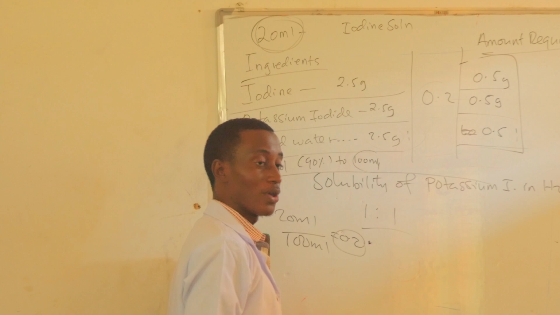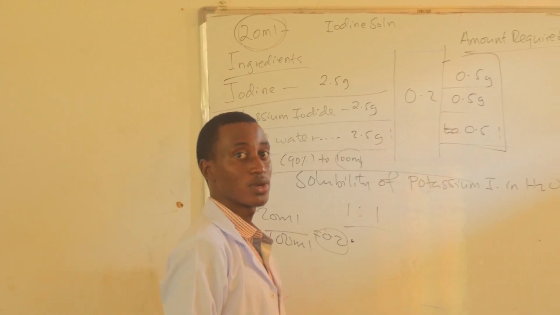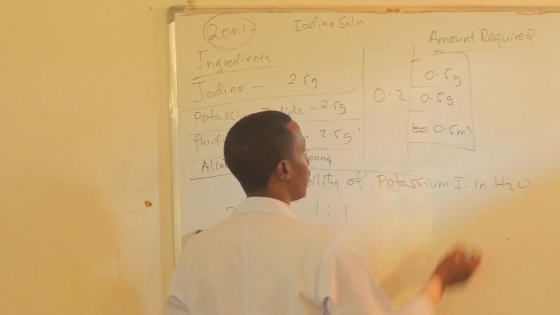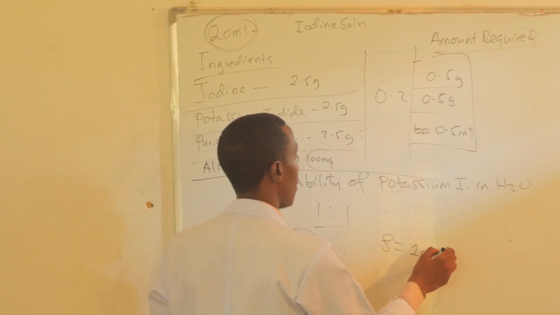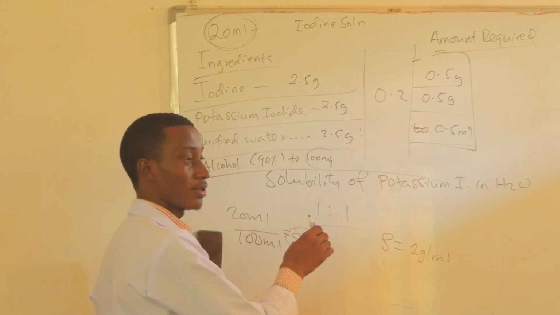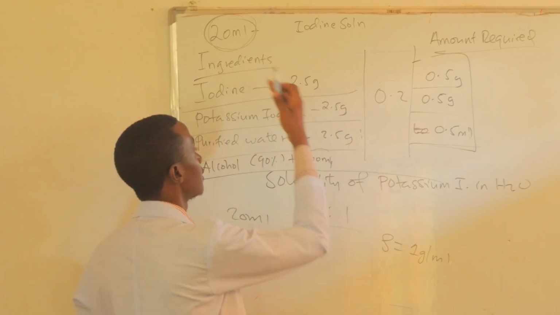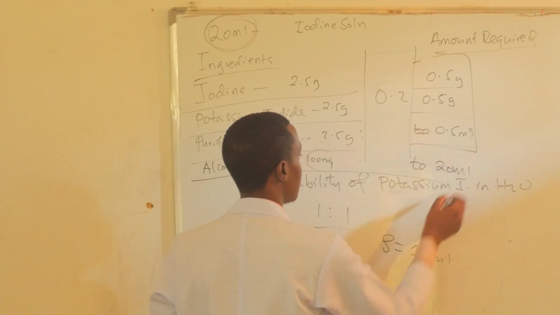Here we have water in grams, but remember the density of water is 1 gram per ml, so this is equivalent to 0.5 ml. Now, looking for the amount of alcohol, the vehicle, it's 100 times 0.2, so we shall add alcohol up to 20 ml.